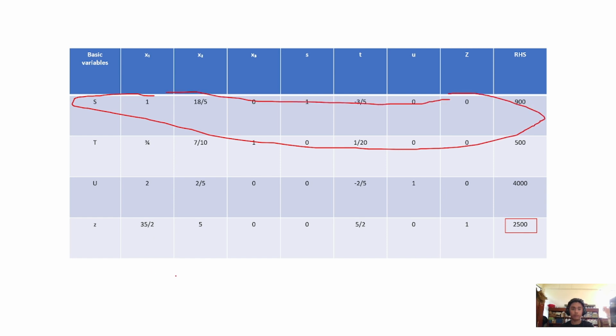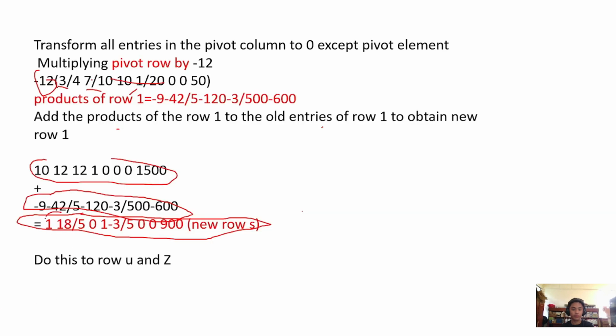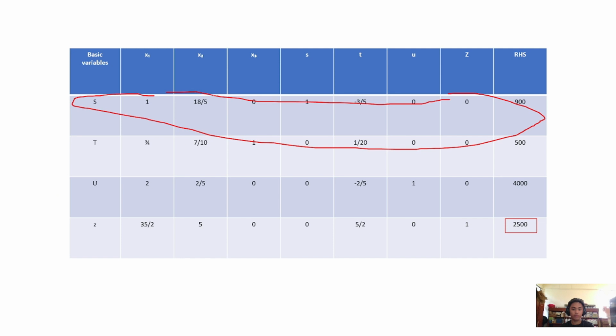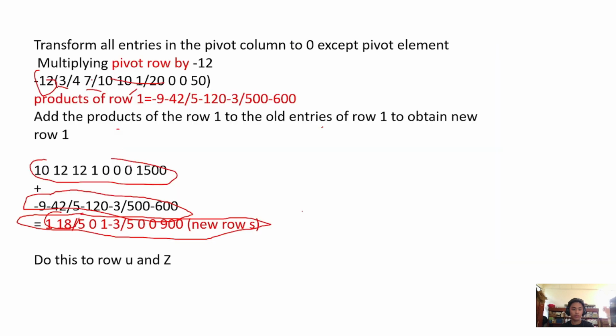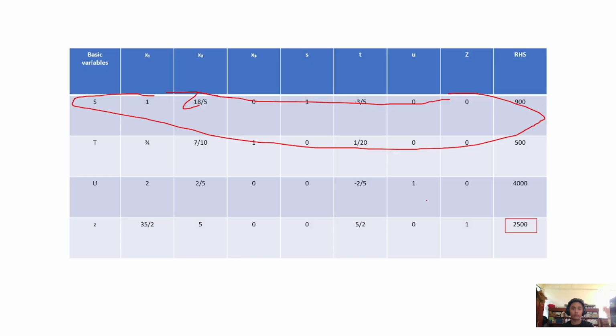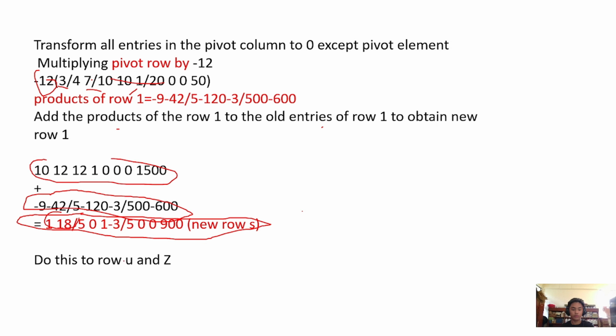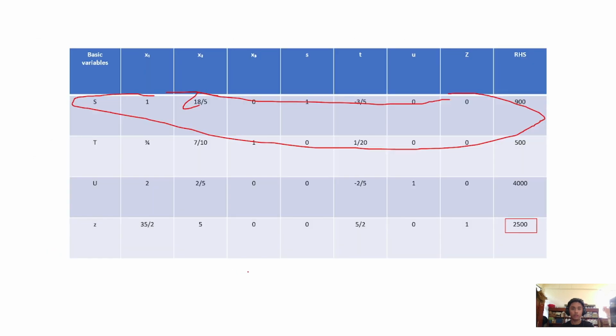Ang hirap. Ito po. 18/5. Then ito, same lang. Same lang po. So, do this row U and Z. Makukuha nyo na ang row U at row Z.